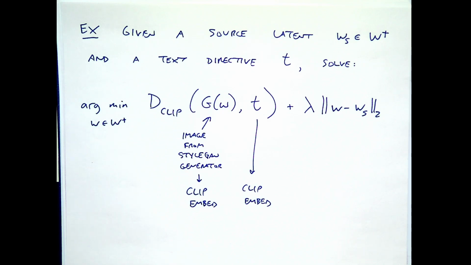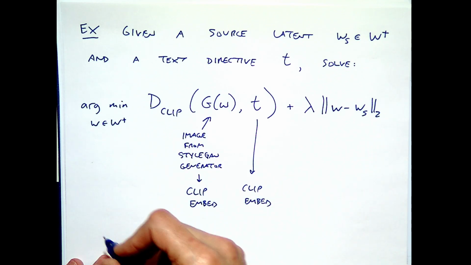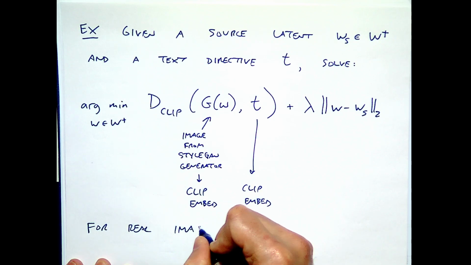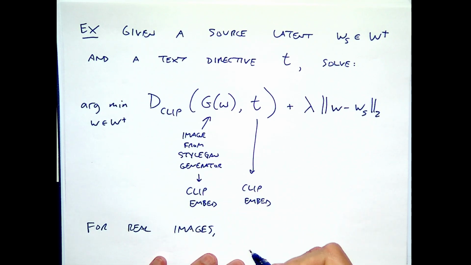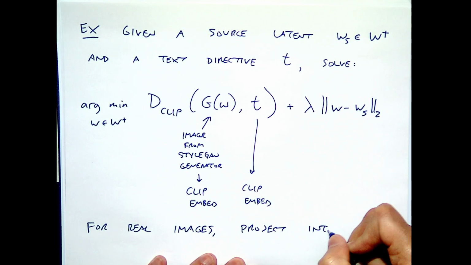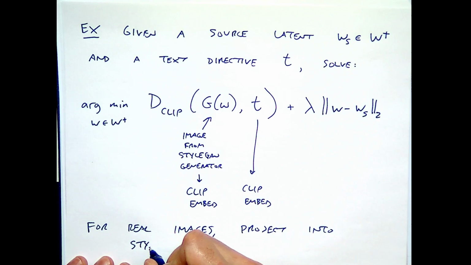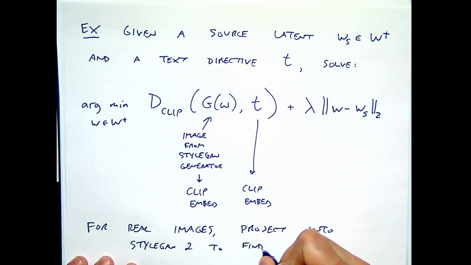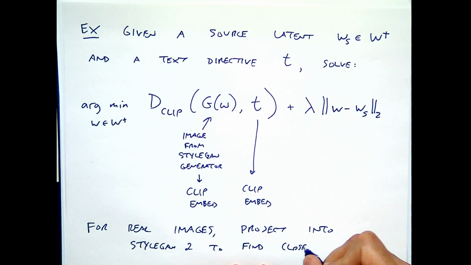And then for real input images, the question is, where does the latent come from? So for real images, the first thing I have to do is to project them into the StyleGAN-2 latent space to find the closest latent vector.